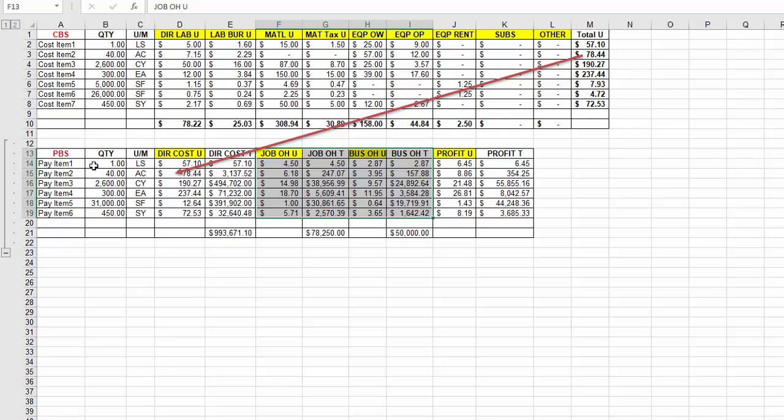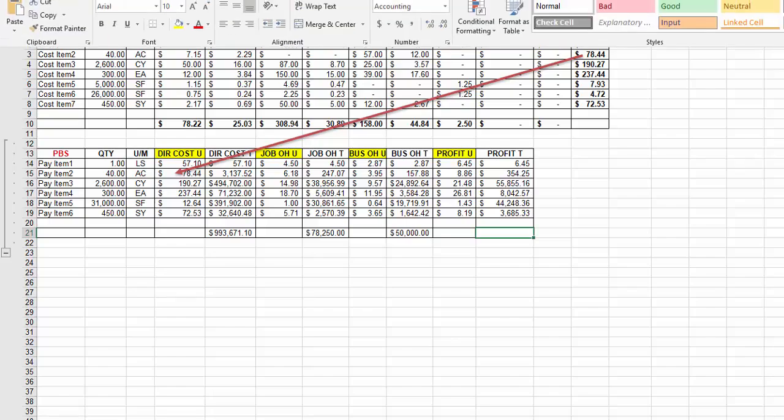We let each item in the price breakdown structure carry a percentage of these overheads. And then we mark it up for profit, and whatever this ends up being in the end, that's your price.